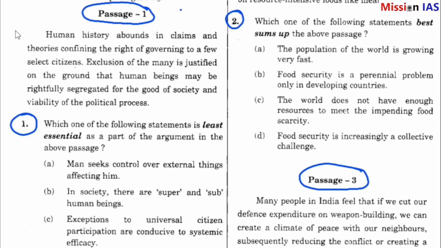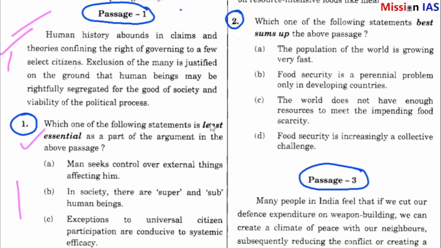Hello aspirant, there are many ways to solve CSAT prelims reading comprehension. You can first read the passage only. After that, you can read the questions and options, and assume the answer. This is one way.